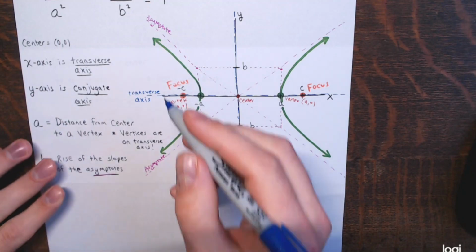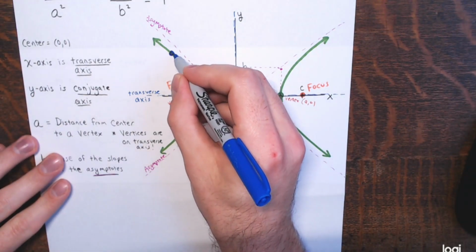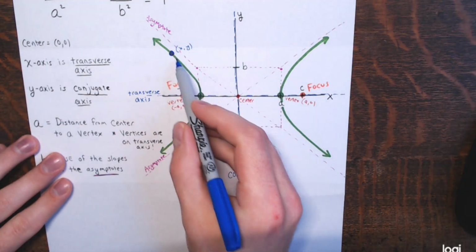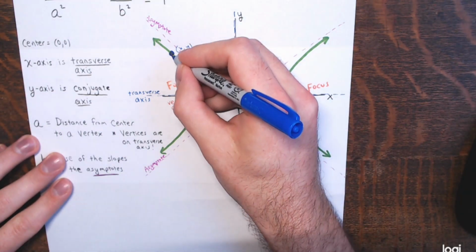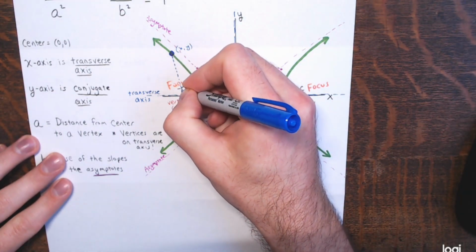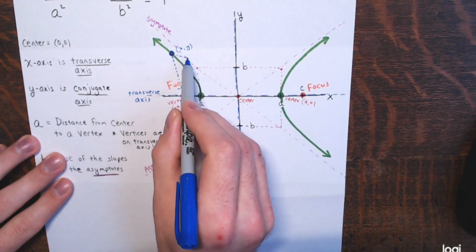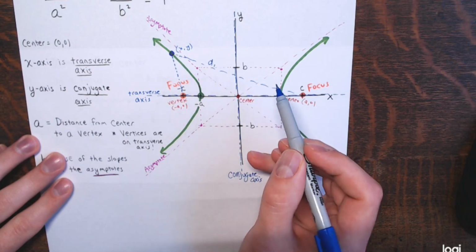If you take any point, so here's a point x comma y on the hyperbola, a point on this branch or a point on this branch. Take the distance to the farther focus, the larger distance. I'll call that d1. Sorry about all the clutter here.